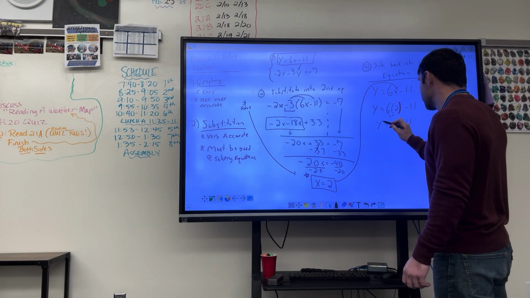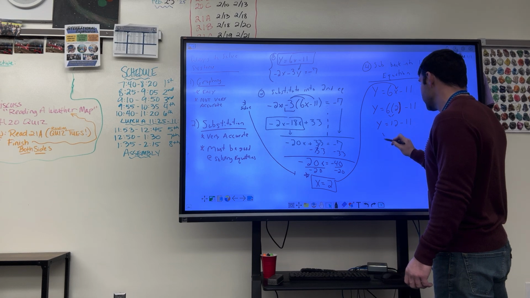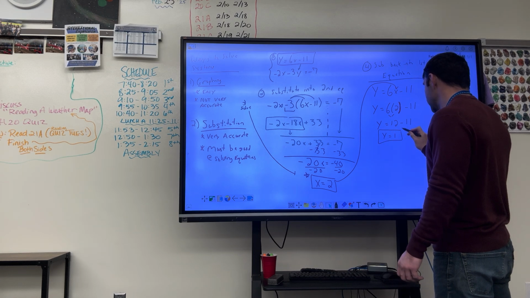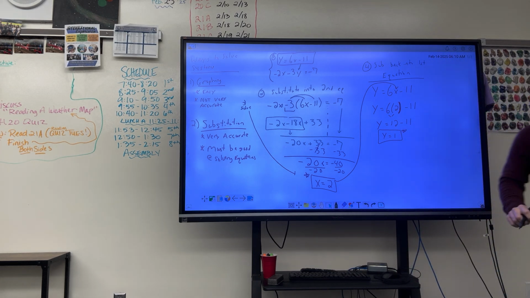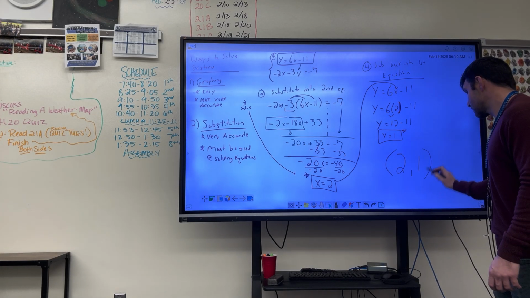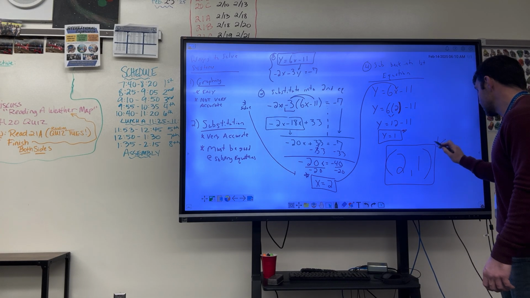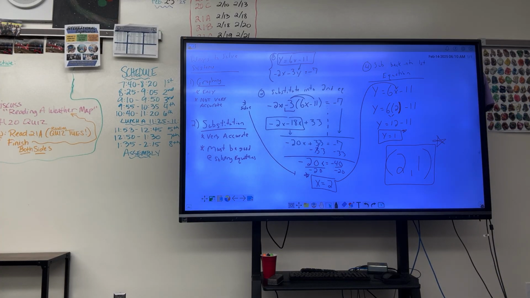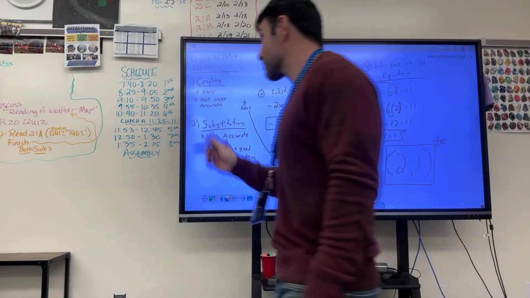So y equals 12 minus 11, y equals 1. If you leave this as an answer, it's going to get marked wrong. We're solving a system. Even though we're not graphing, we're looking for the intersection, which is an ordered pair. The ordered pair is 2, 1.